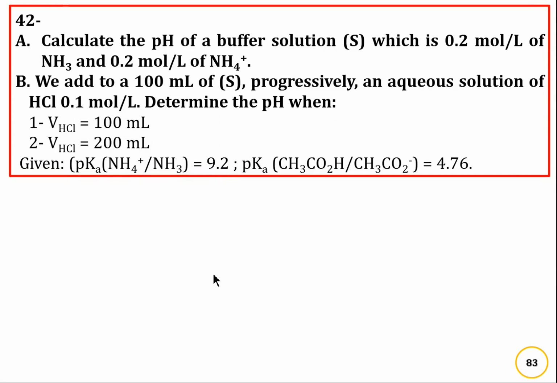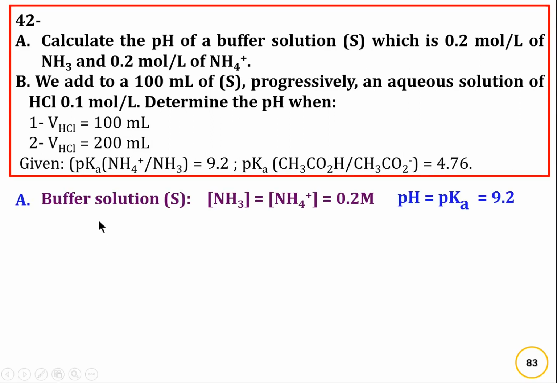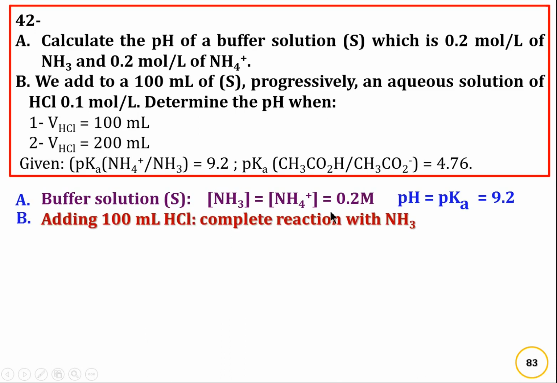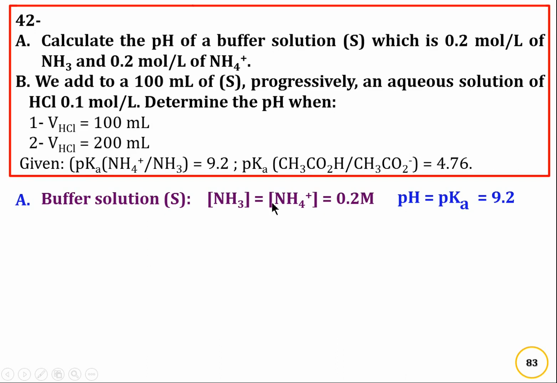Exercise 42, calculate the pH of a buffer solution of 0.2 molar NH3 and 0.2 molar NH4 plus. So the pH of a buffer solution is pH equal pKa plus log base over acid at equilibrium.